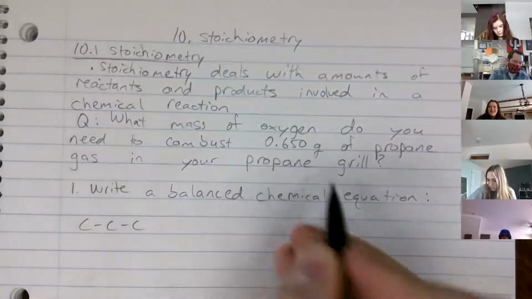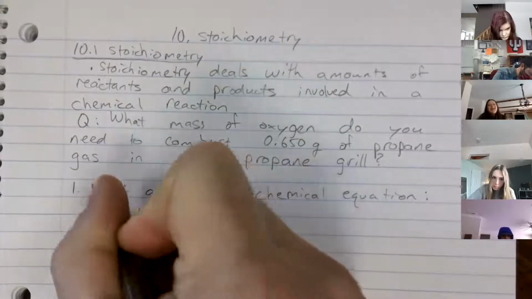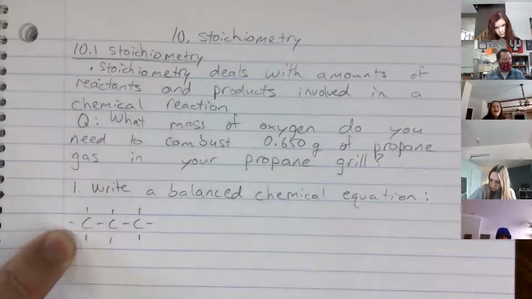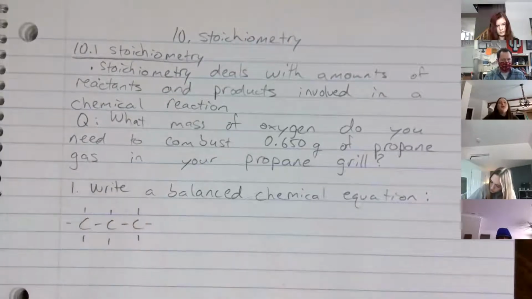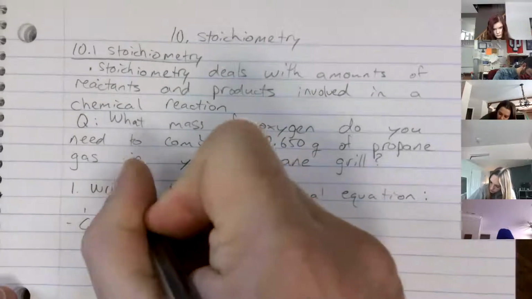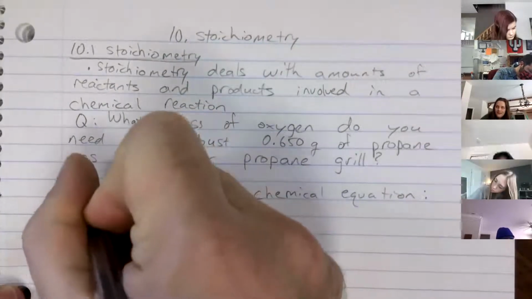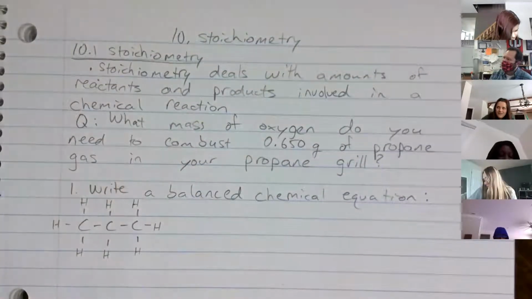The ane ending tells us all single bonds. So we need to fill up the rest of these carbons with bonds. Make sure each carbon has 4 bonds. On the end of each of those empty bonds, then, I'm going to put a hydrogen. Oh, there we go. There's propane.